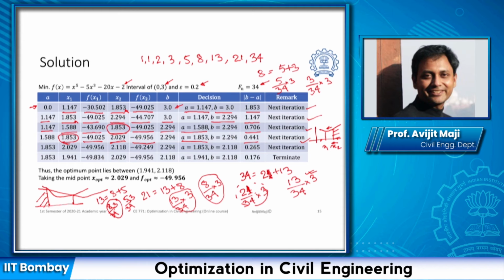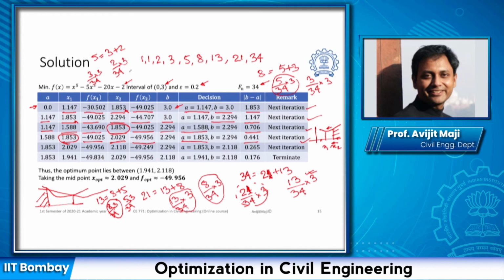So in this case the retained fraction is 5 by 34 times 3. This one, if we look into, 5 can be written as 3 plus 2. So the fractions we are looking into are 3 by 34 times 3 and 2 by 34 times 3.